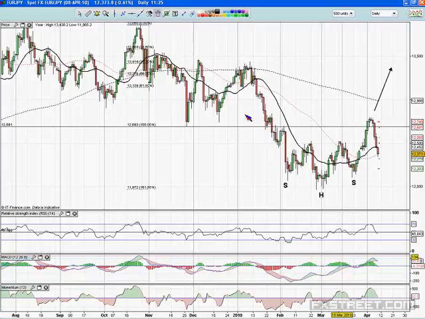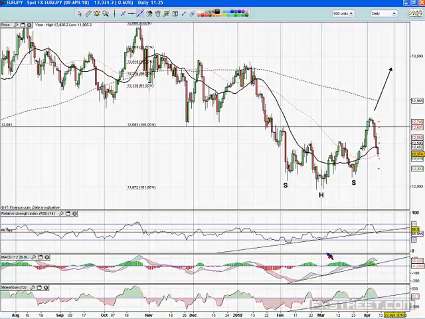So we've got these trend lines on the oscillators at the moment. This one's broken on the RSI. We've also broken through the 50 level.